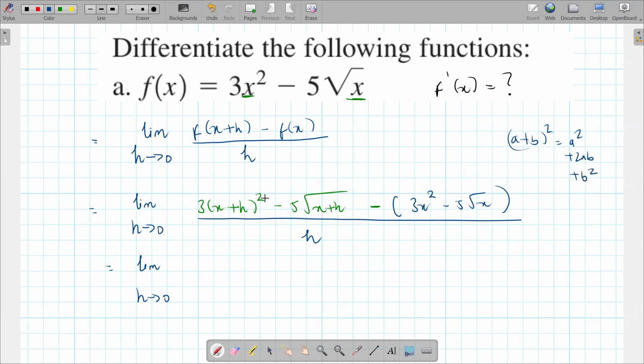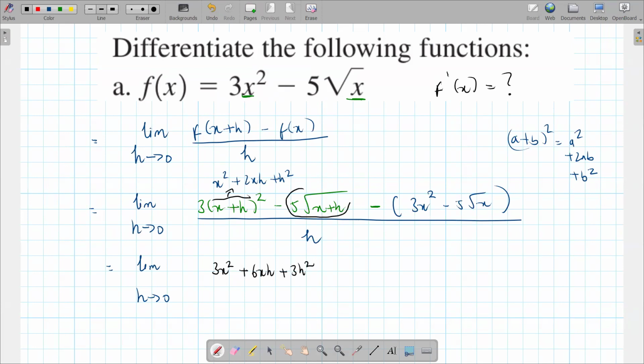So x plus h whole squared would be x squared plus 2xh plus h squared. So that's what you would get if you were to open this bracket. And we're going to multiply that with a 3, which will give us 3x squared plus 6xh plus 3h squared.